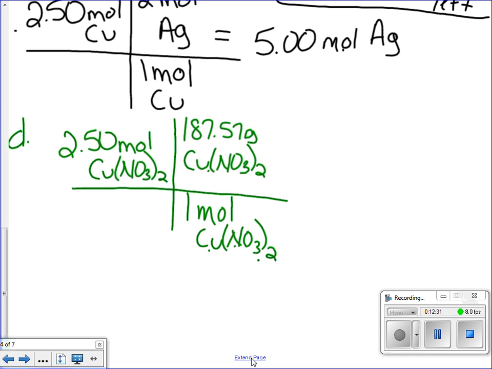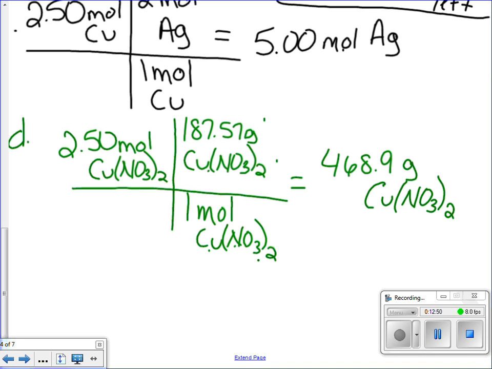Part D asks how many grams of product. We have units of grams, and Cu(NO3)2 is a product, so we can stop. So punch that in your calculator. And we get 468.9 grams of copper nitrate.